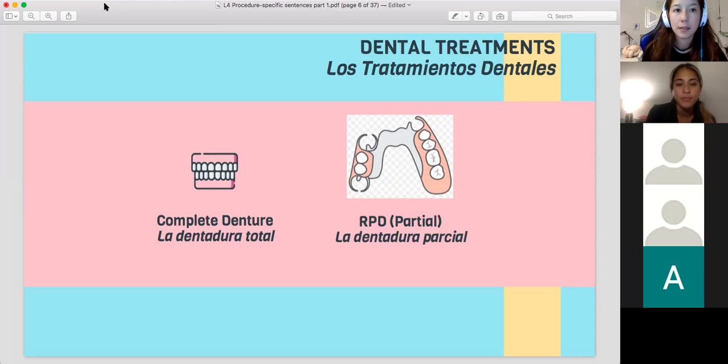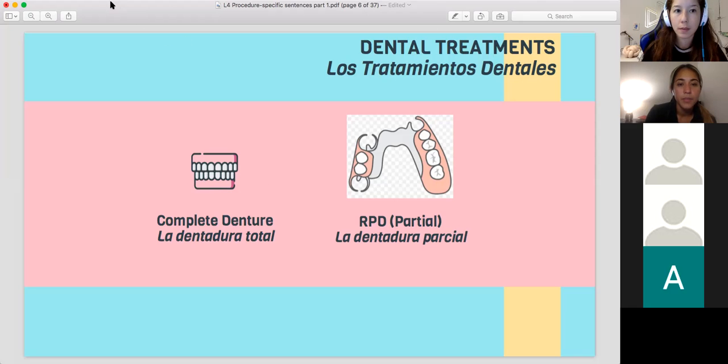Yes, that is true. Most patients would know what placa is or would refer to their denture as placa. And la dentadura parcial would be your RPD or partial. You could also say una dentadura parcial or los parciales. Let's see, next.